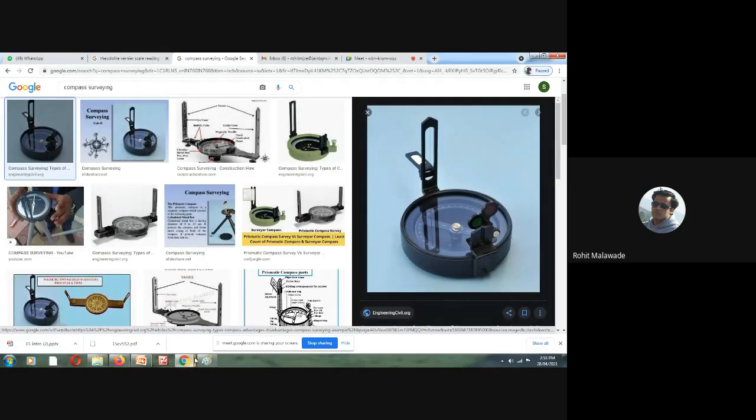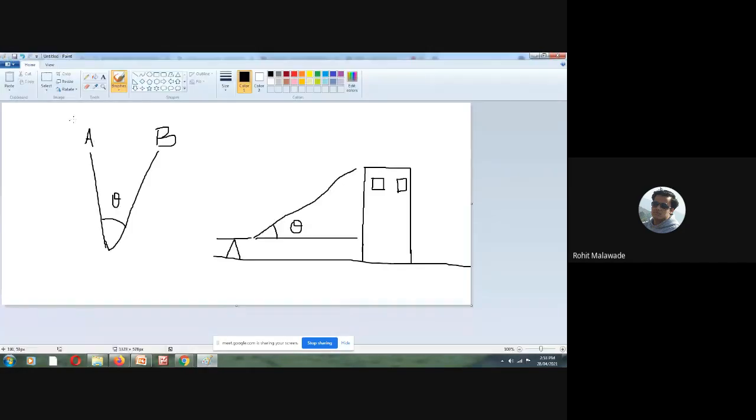Suppose this is your point A and point B. This is a top view, when you observe from the top. We were calculating the angle from point A to point B. The compass survey had a least count of 30 minutes.